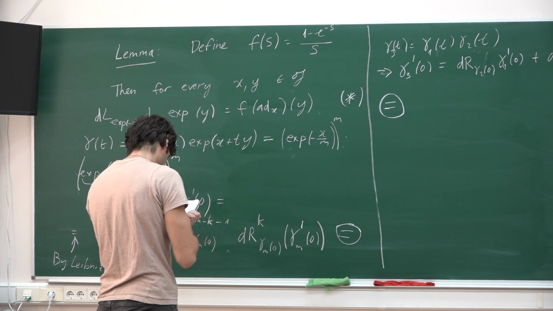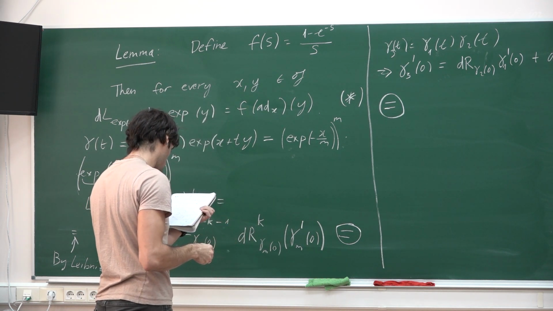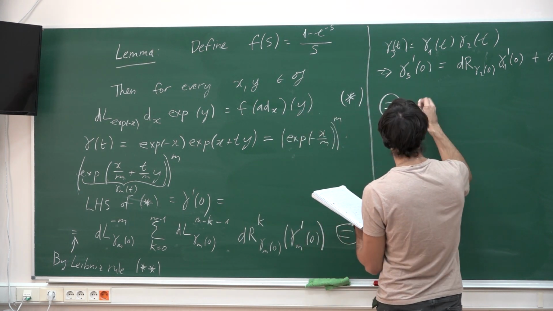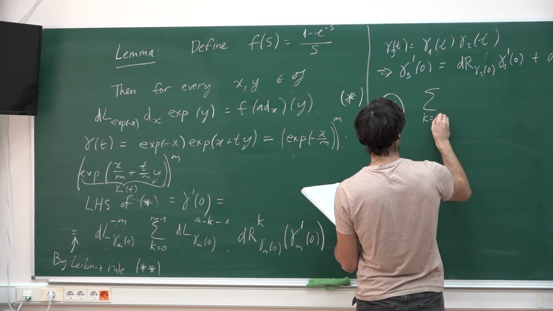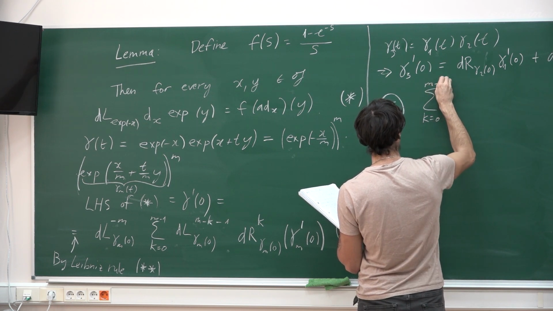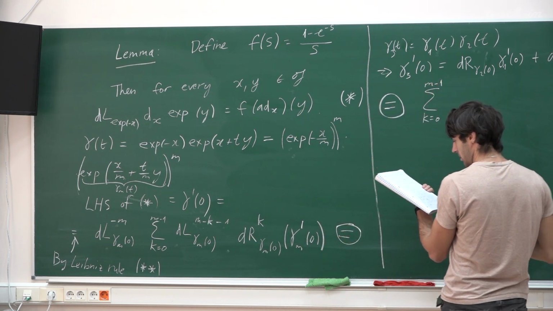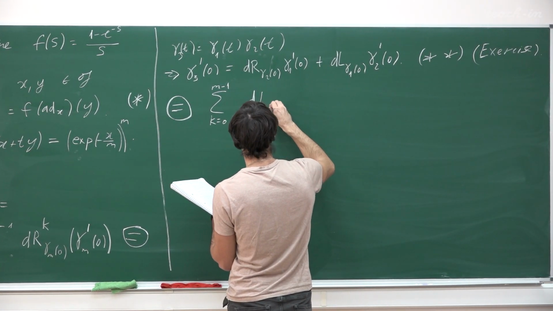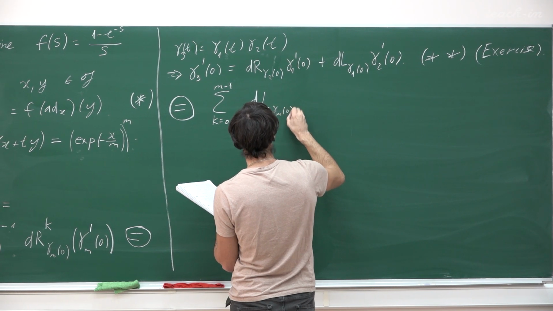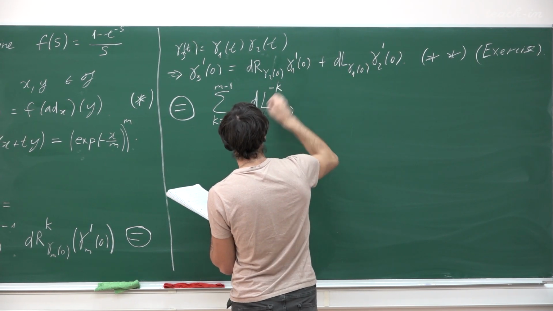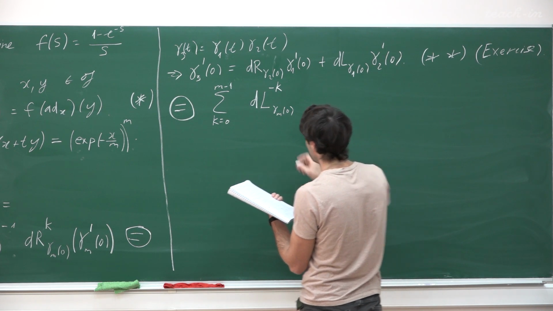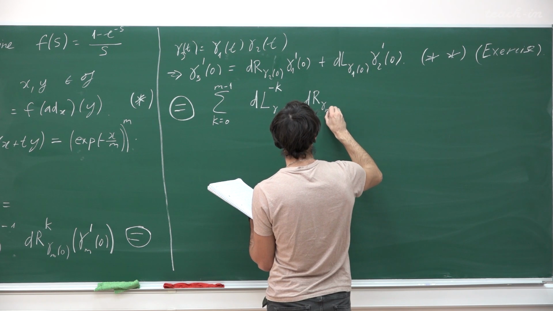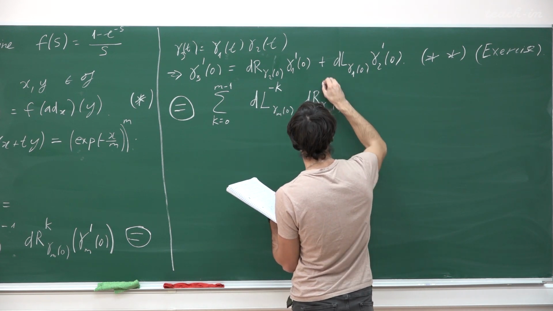So this equals to the following. Let me rewrite it like this. Sum over k from 0 to m minus 1, and then dL gamma m of 0 to the power negative k, then dR gamma m of 0 to the power k.